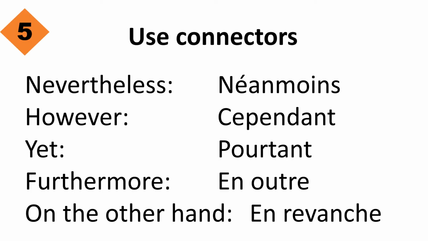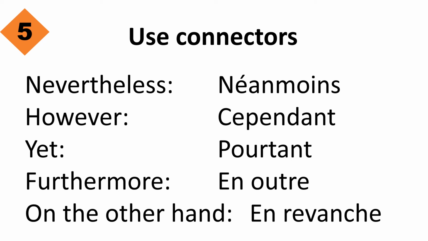So let's look at the connectors. And we have quite a few of them. So I have put the English for you because I know that this is the way you're going to look at them, in English first. And then this is the French.